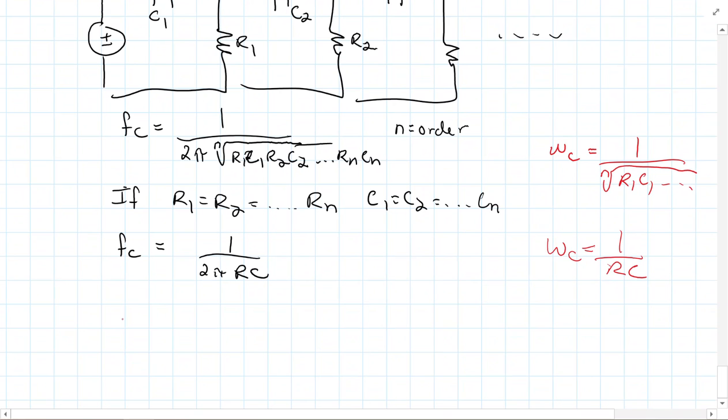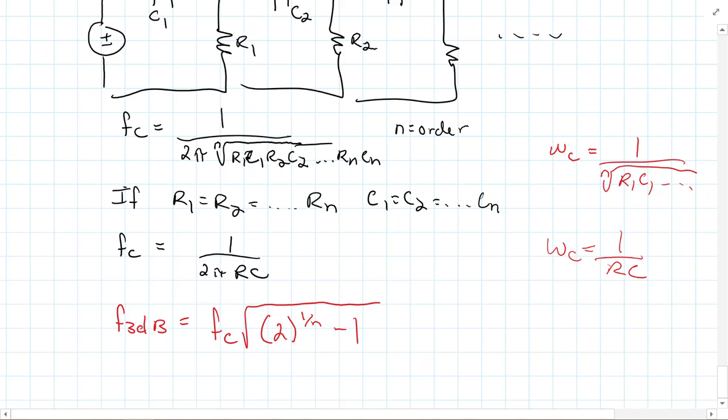And then the 3 dB is the same thing here, where we have Fc times the square root of 2 to the 1 over n minus 1.